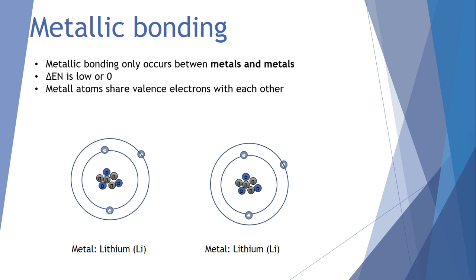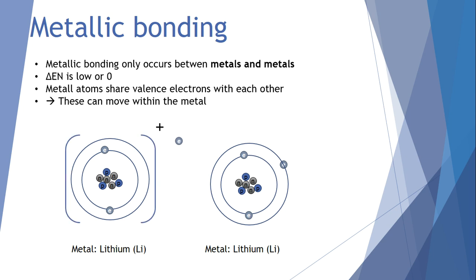In metallic bonding, metal atoms share valence electrons with each other. And these valence electrons can move within the metal crystal. Right.